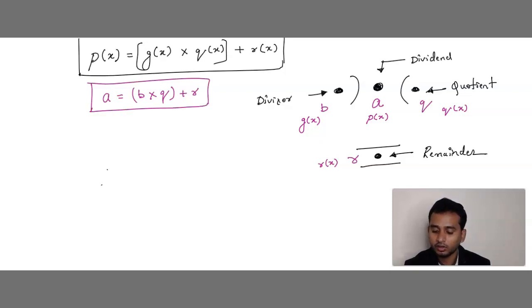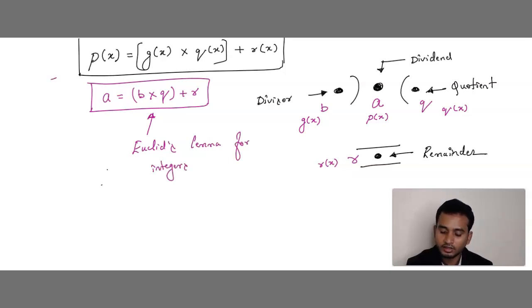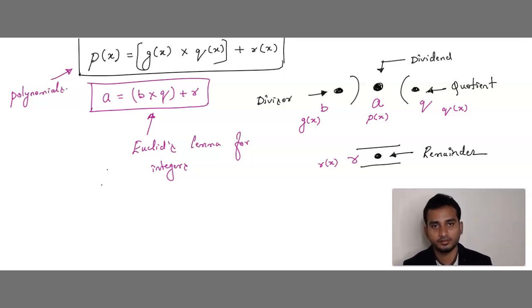So this is Euclid's division lemma for integers, and this is for polynomials. This is the major difference. Same, a place we are writing p of x, b place we are writing g of x, q place we are writing q of x, and r place we are writing r of x.